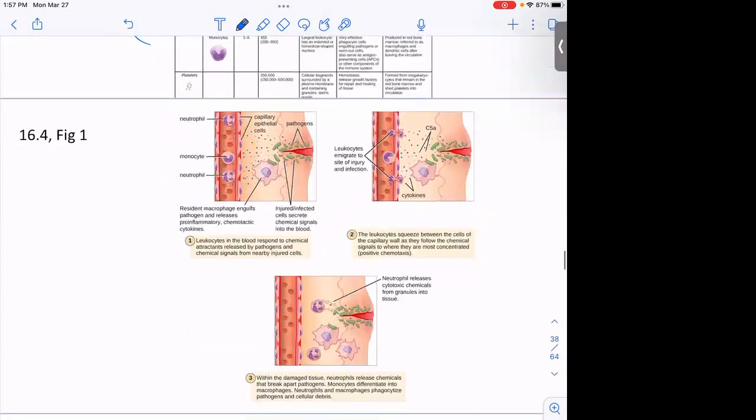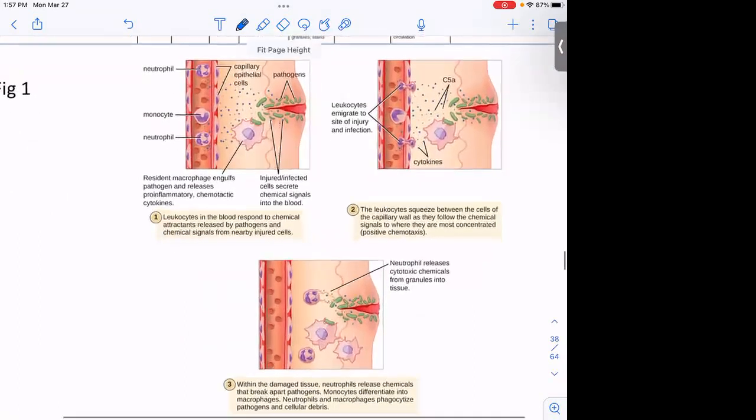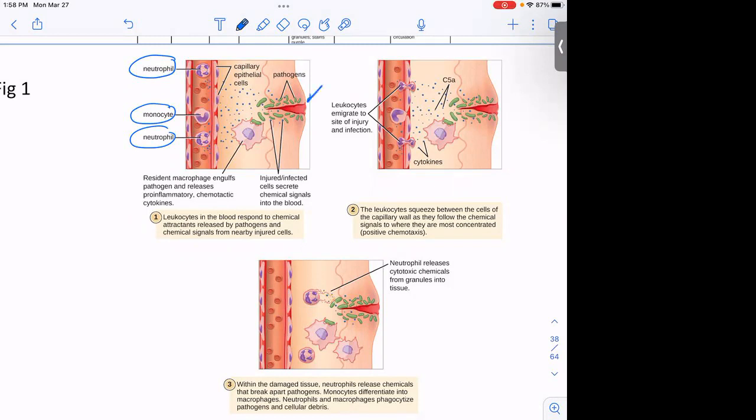And then just to start getting an idea of what they're actually doing, or where they're moving, right? So we've got these cells in our bloodstream, especially during an inflammatory reaction, which we're going to talk about soon. So here, say we had a cut in our skin and some bacteria got into that cut, there are these inflammatory mediators.